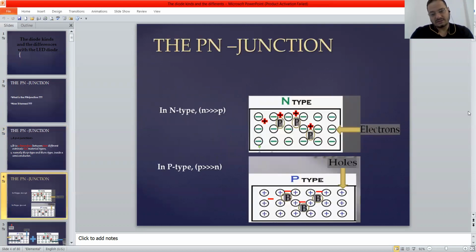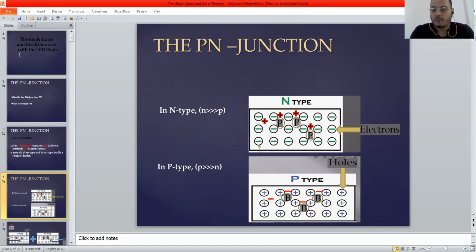Now, let's focus on this image. I made this image to illustrate what happens inside the n-type and p-type. Here, n-type means the majority are electrons with a few minority holes, and the minority holes are positively charged.